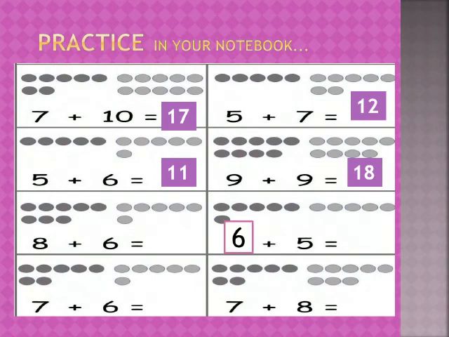Now let us count the number of circles. 8 plus 6, 8 plus 6 will be 14. Now let us count the number of circles in the second picture. 6 plus 5, 11.